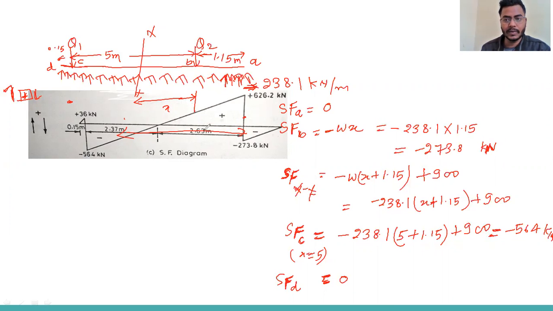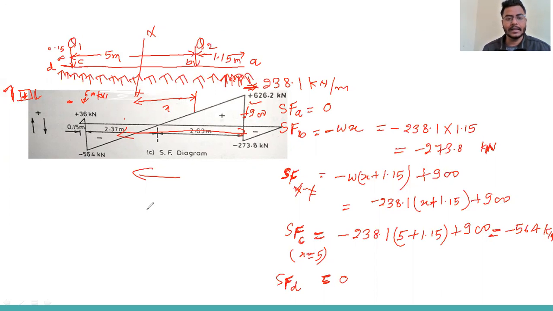So you see the sudden change, because this was negative, and by addition of 900 you get this. Here also there is a negative 564 kilonewton, and the total load is 600 kilonewton, so we get positive, as we are coming from the right side. So we get the change, and plus 36 comes automatically.